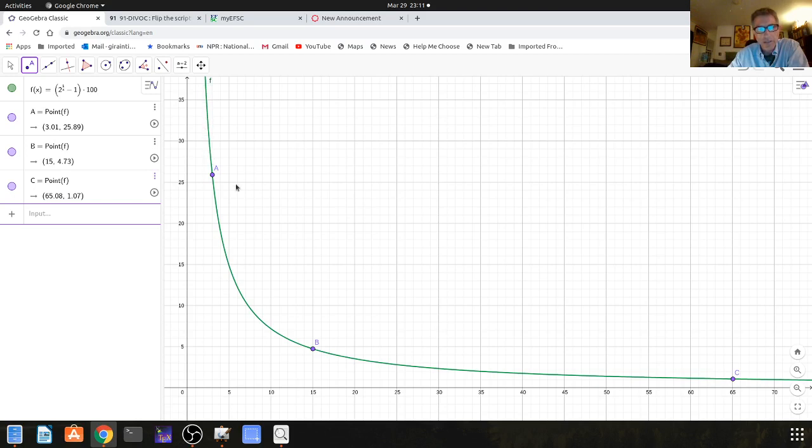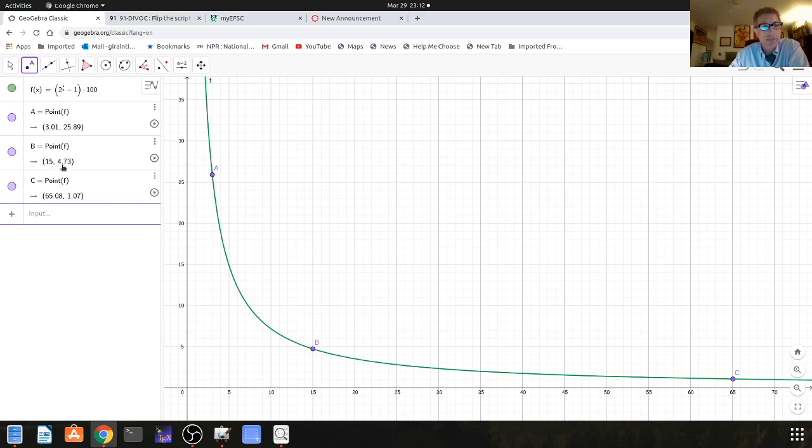So you see that this is a decreasing function. Right here, this point, point A, is on day 3. So it describes the case where the number of cases double every 3 days. And the percent is 25.89, almost 26%. Down here at point B represents the case when every 15 days the number of cases double.